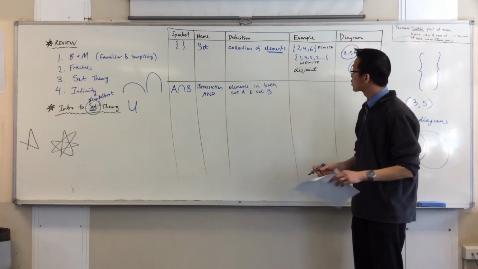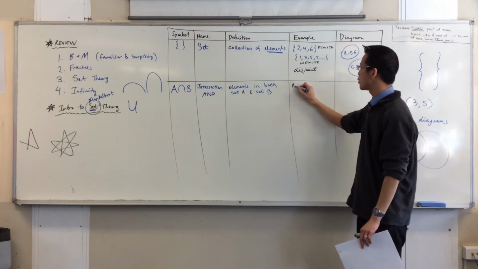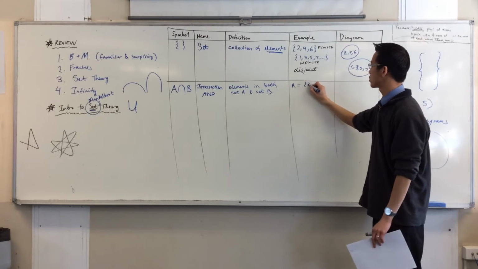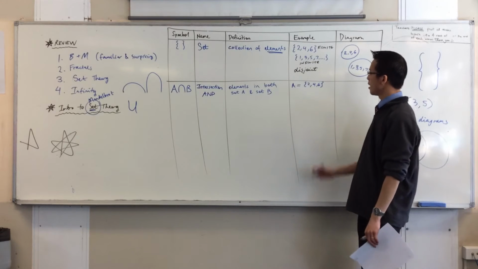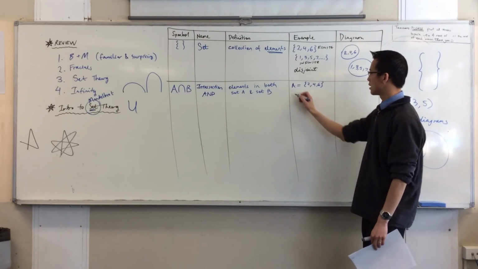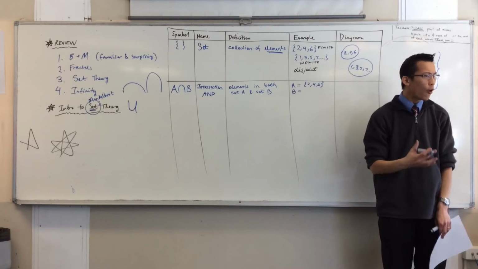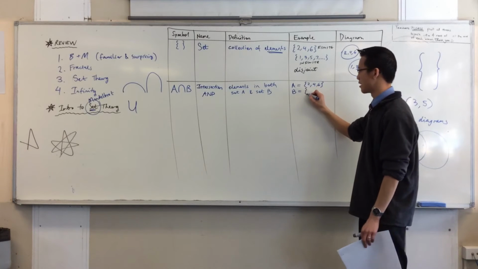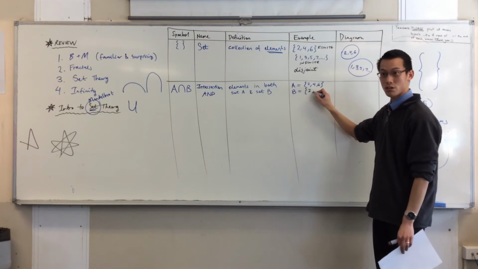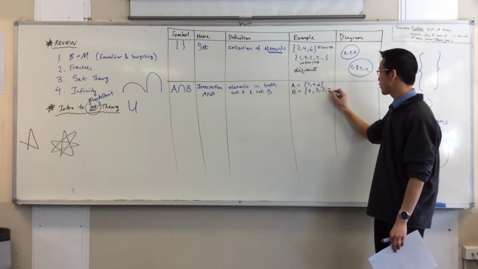So let's give an example. I'll go back to this example, 2, 4, 6. We'll call that one A. And let's set out another one. Let's call B all the prime numbers under 10. What are all the prime numbers under 10? You got 2, 3, 5 and 7. Cool.